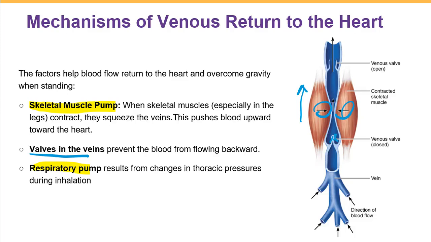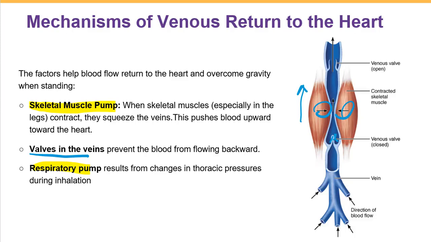At that time, we have increased pressure inside our abdomen. So when we have more pressure in the abdomen than in the thorax, it pushes the blood from the abdominal area to the thoracic area. That is called the respiratory pump, which has a direct relation with our respiration and inhalation.